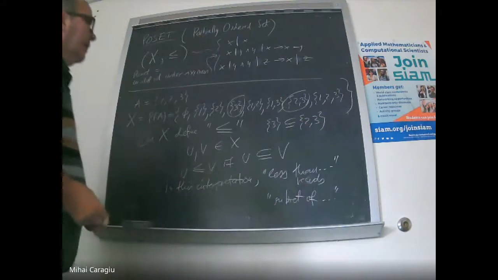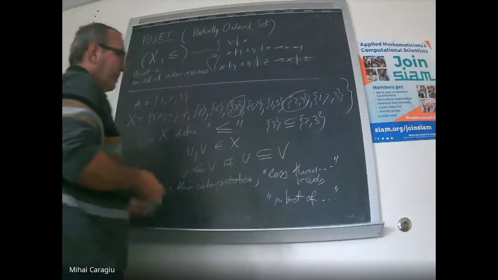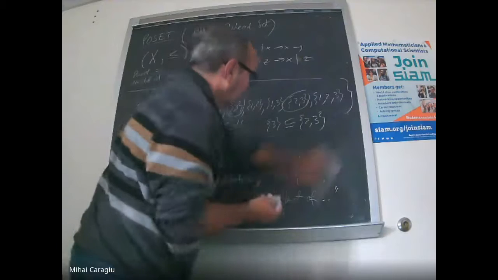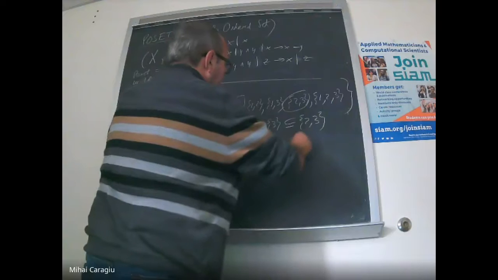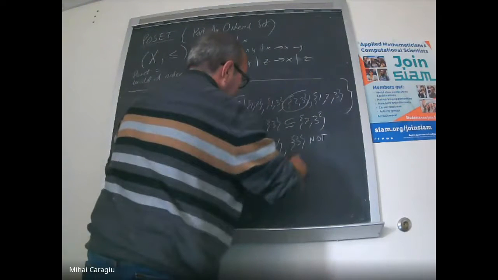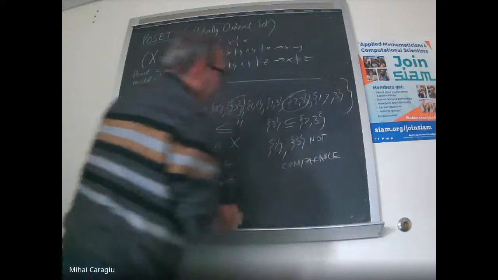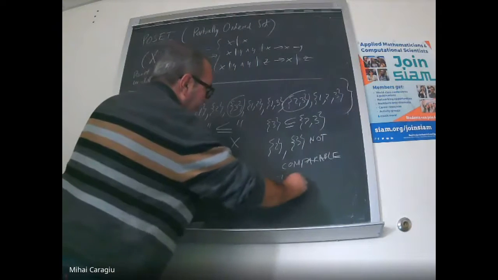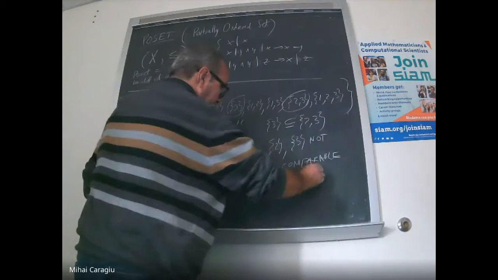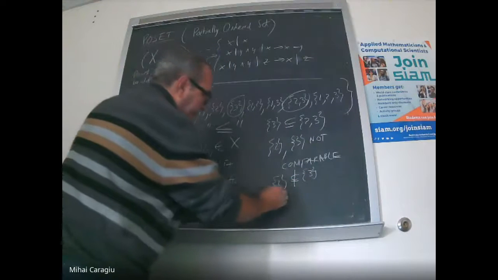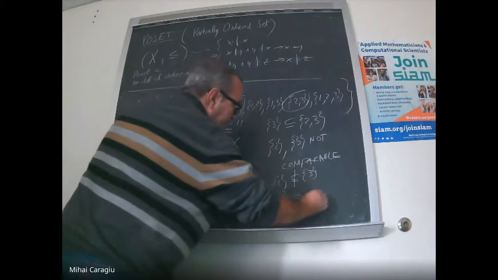But the subset consisting of 2 and the subset consisting of 3 are not comparable, in the sense that the subset consisting of 2 is not a subset of the subset consisting of 3, and the subset consisting of 3 only is not a subset of the subset consisting of 2.